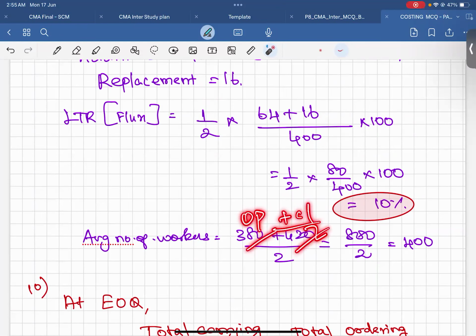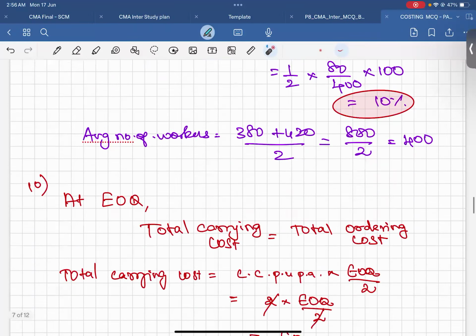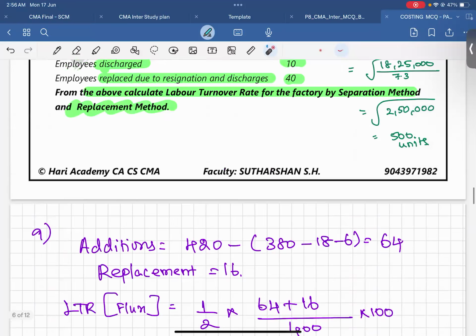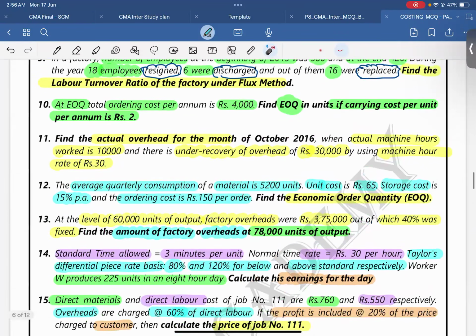Opening is 380, closing is 420, so 800 divided by 2. It is 400. So half of 80 by 400 into 100, that is half of 80 into 100 divided by 400, will give you 10 percent. That's it. The answer for this question is 10 percent.